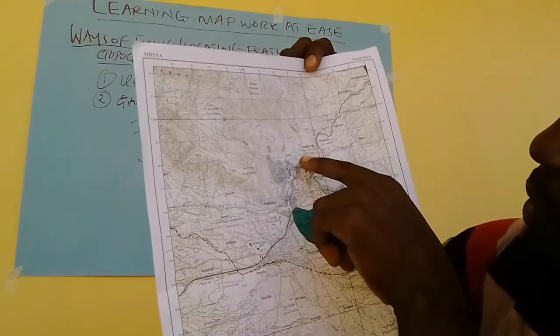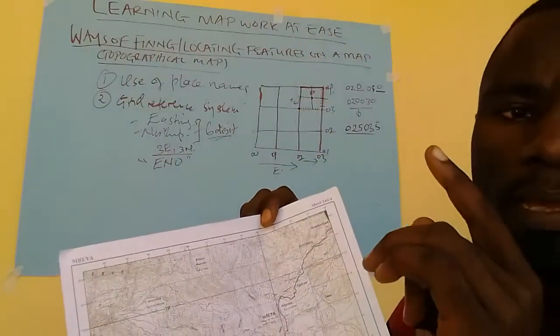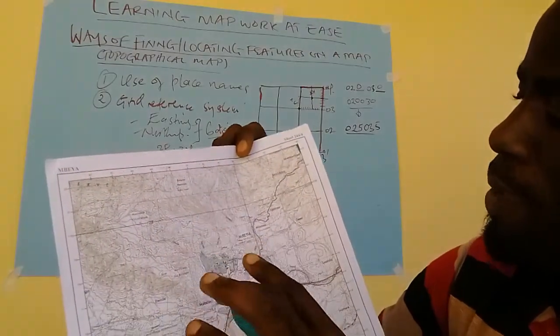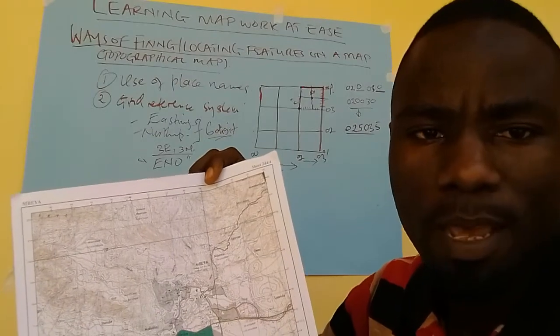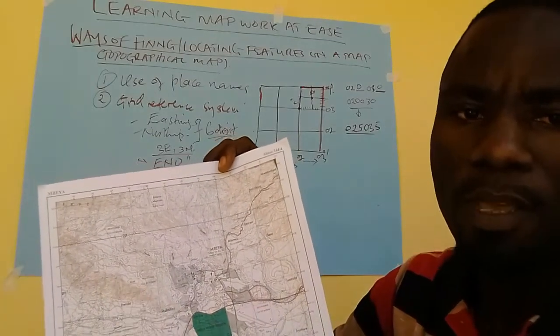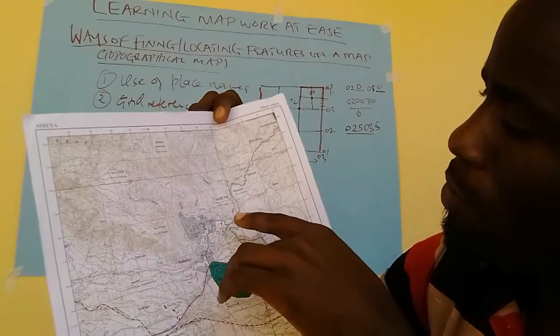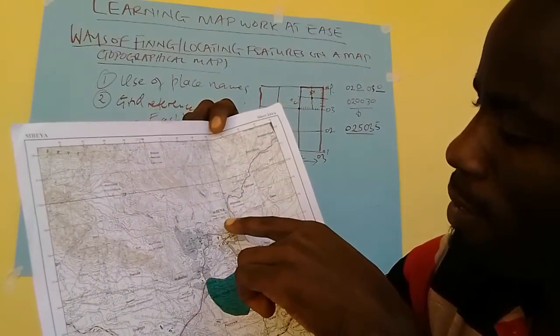I can see a hospital here. So now I need to tell the examiner that there is a hospital. If I don't give him evidence, he's going to cross my point. Why? Because maybe I'm using general knowledge that in every area there must be a health facility. So to avoid the guesswork, we need to tell the examiner where we have seen the hospital or health service.